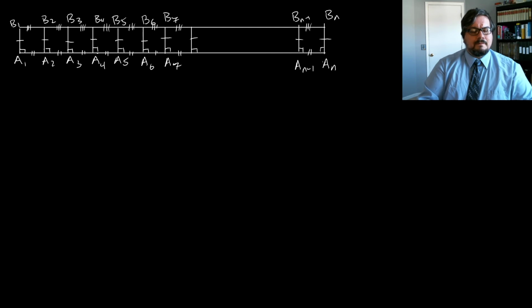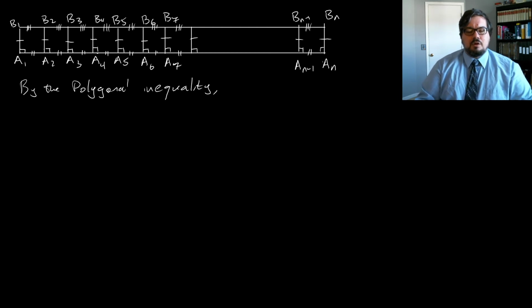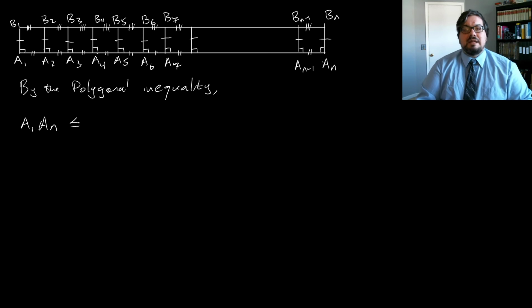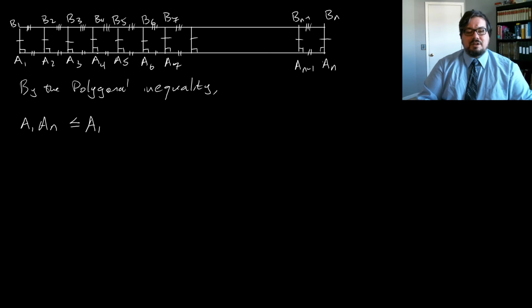So now, by the polygonal inequality, we have that A1 to An is less than or equal to. Now, with the polygonal inequality, I can create any string of distances I like, as long as I start at A1, go to something, and finish up with An.